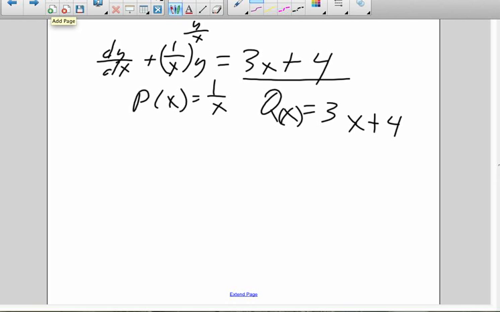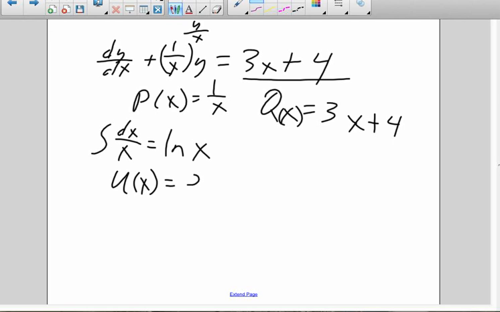All right, so now we need to integrate p of x. So I'm going to integrate dx over x, which you should recognize as the natural log of x. So my u of x then is e to the natural log of x, which is x. Okay.